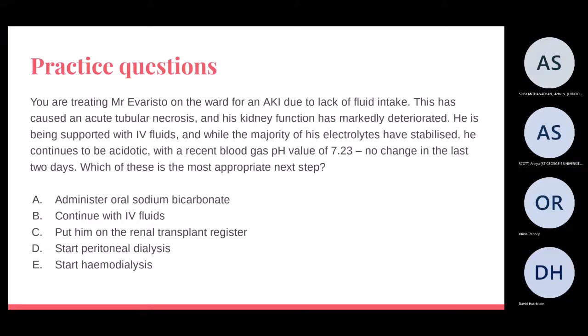So someone with a pretty nasty AKI, being supported with fluids, his electrolytes are stabilized, but he's still acidotic 2 days later.